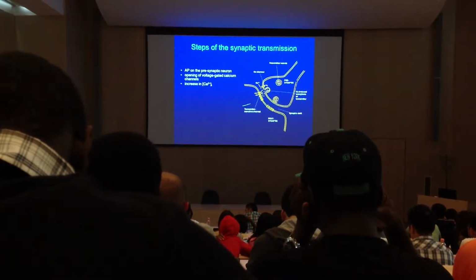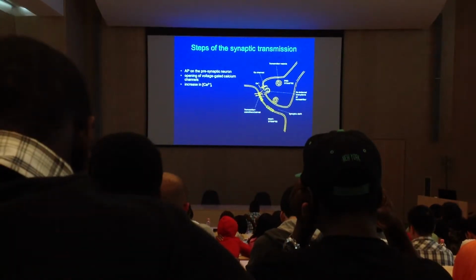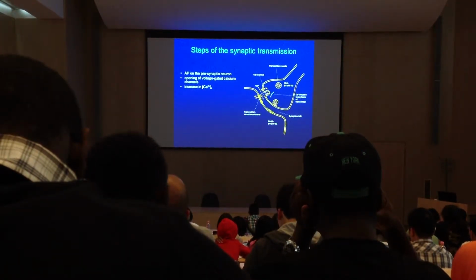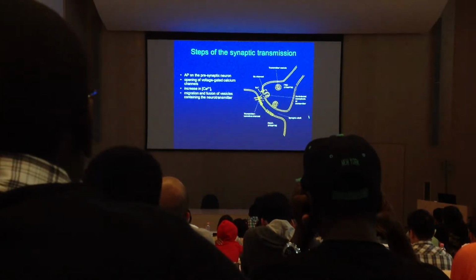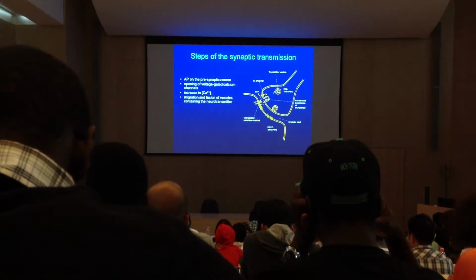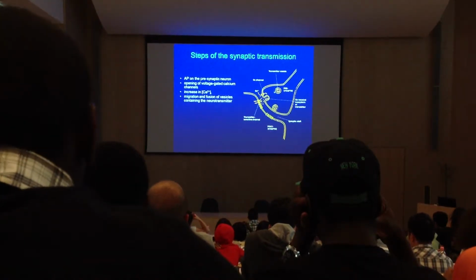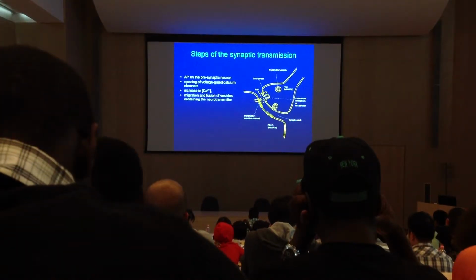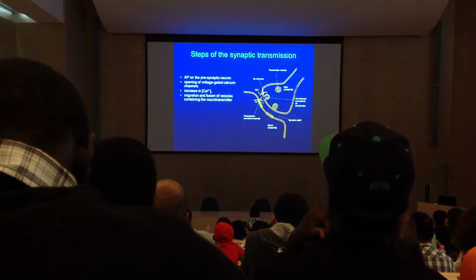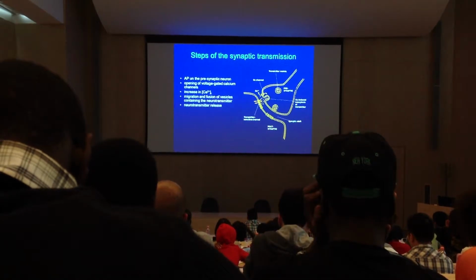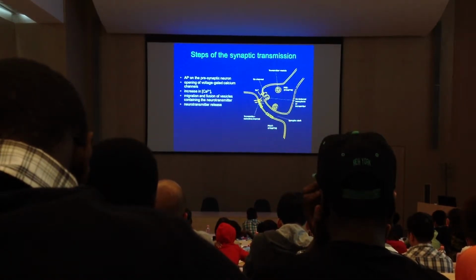Calcium ions will then go from the extracellular space into the intracellular space and increase the calcium inside the presynaptic cell. Then a calcium-induced exocytosis of these vesicles that contain the neurotransmitter takes place, and these vesicles move along, migrate and fuse with the membrane of the presynaptic cell. Then the neurotransmitter is released and appears in the synaptic cleft.